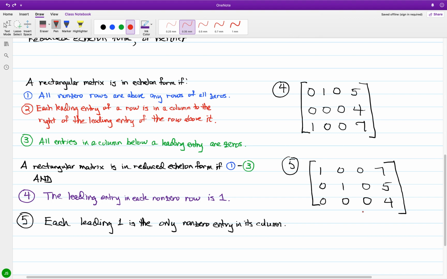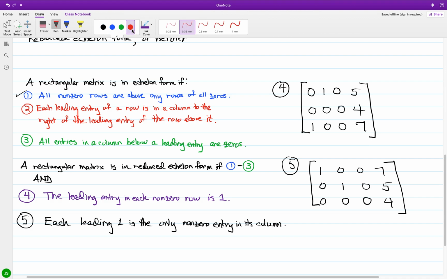Now, looking to see if matrices 4 and 5 are either form or neither. With matrix 4, we don't have any all-zero rows. Then for the second case, each leading entry of a row is in a column to the right of the leading entry of the row above it.